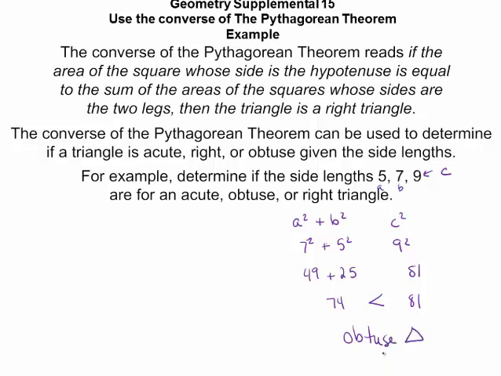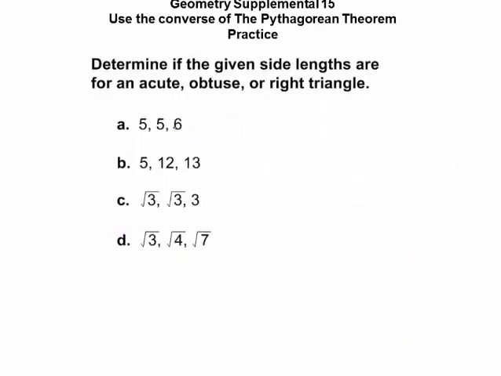Okay, if it was equal, we'd say it was a right triangle. If it was greater than, it would be an acute triangle. So just to recap, equal is right, less than is obtuse, greater than is acute. Okay, so let's try these together.